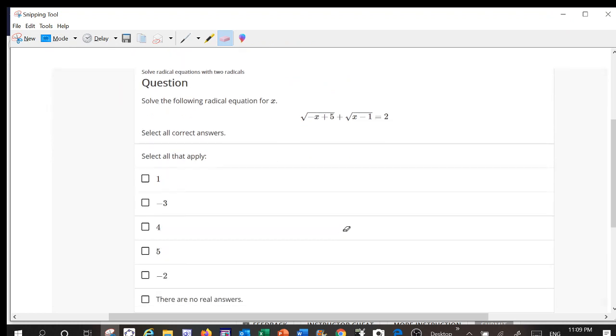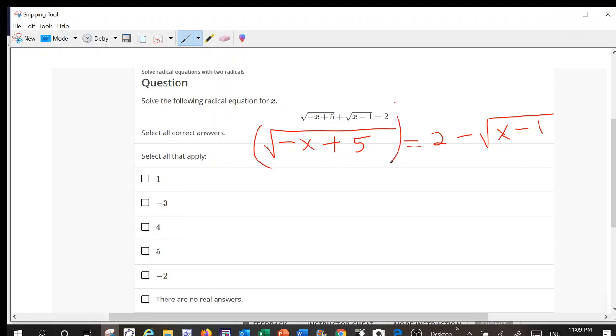So instead, what do we do? Instead, we're going to move one of these to the other side and write one of them as equals 2 minus square root of x minus 1. And now, after we do this, we can square both sides.